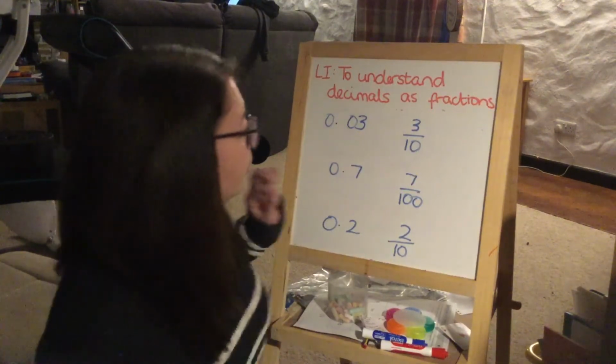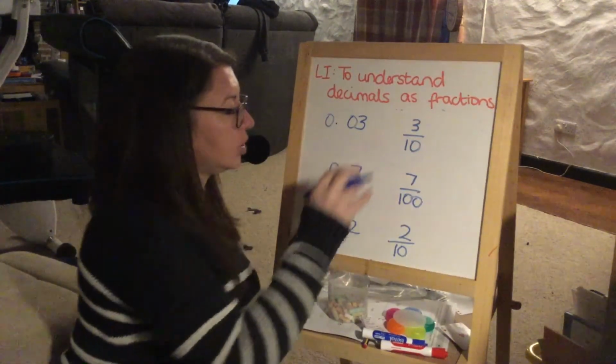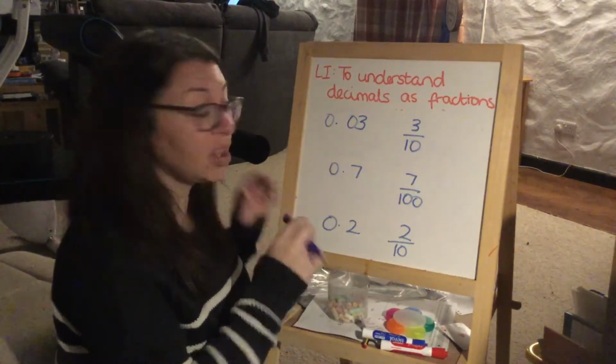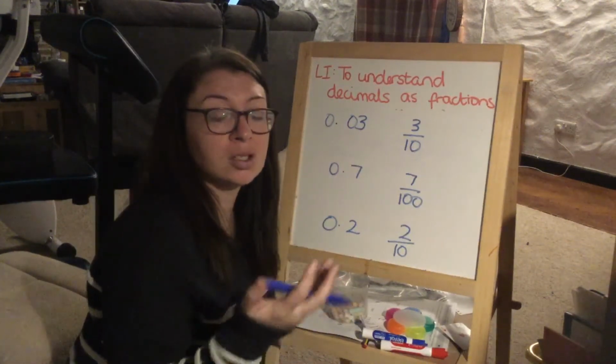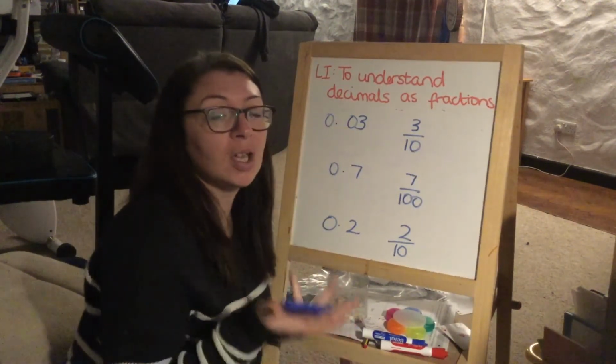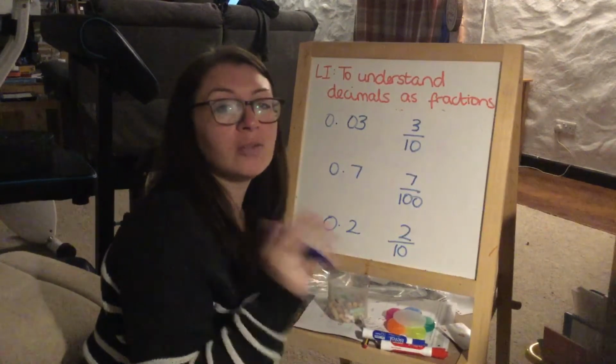Okay, so if we're looking at these two, we now need to either convert them to the same thing, so both being fractions or both being decimals, and that'll make it so much easier for us to compare them.